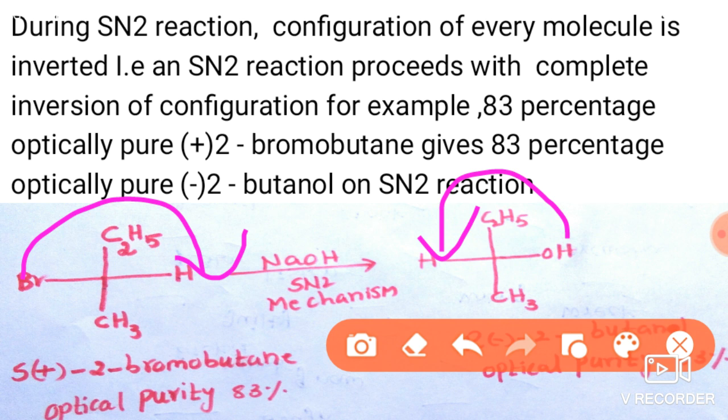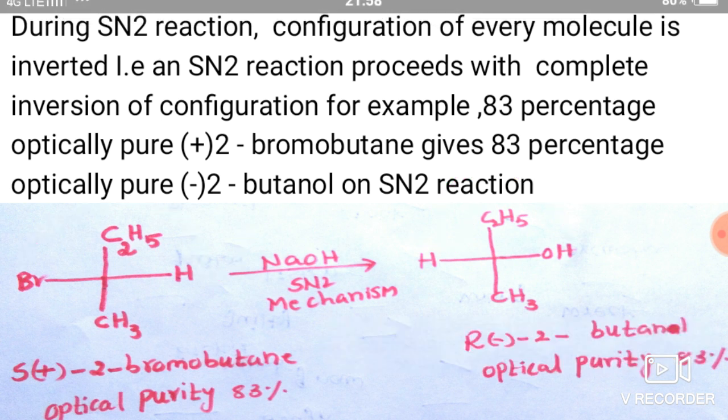And finally, the stereochemistry of SN2 reaction always proceeds through inversion of configuration only. That means the nucleophile always attacks from the backside only and not the front side. So this reaction is a stereospecific reaction.